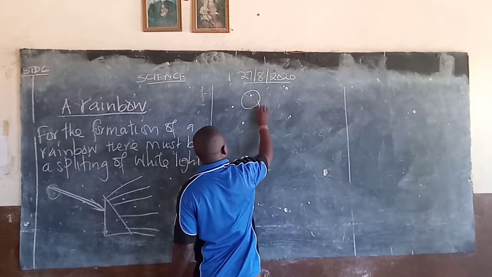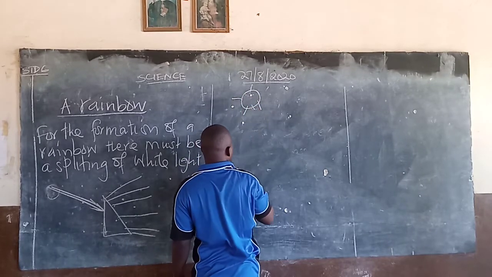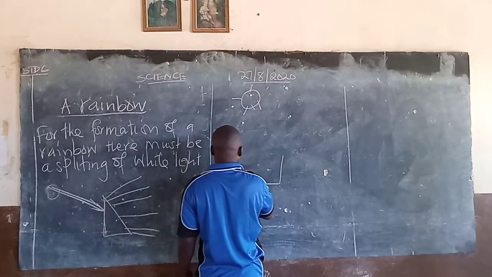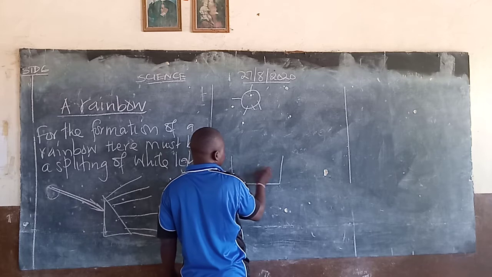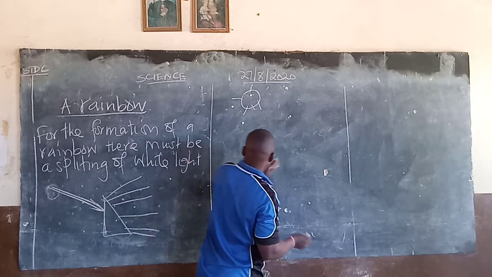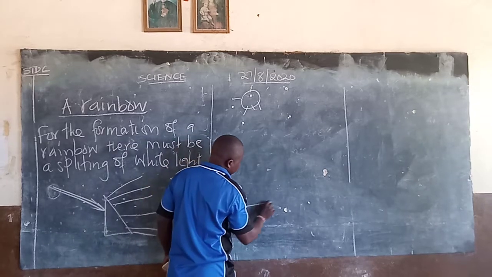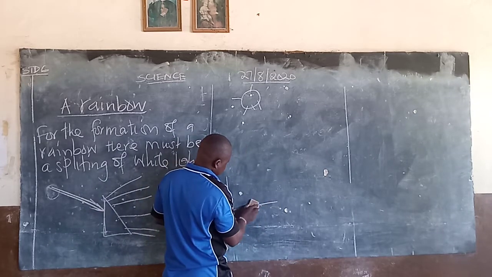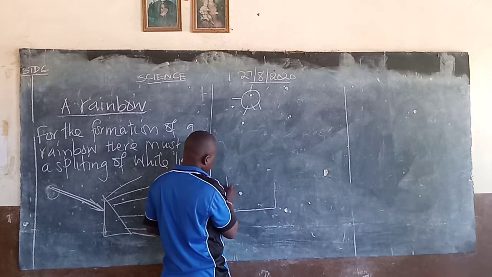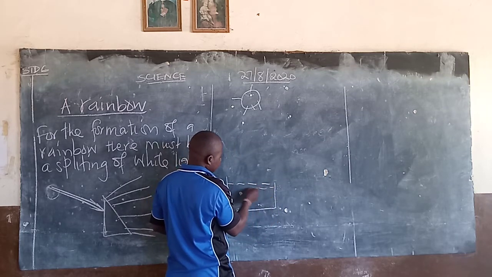When we have our sun here, we have our basin here. Let me draw it here. We have our basin here, and this basin has water.